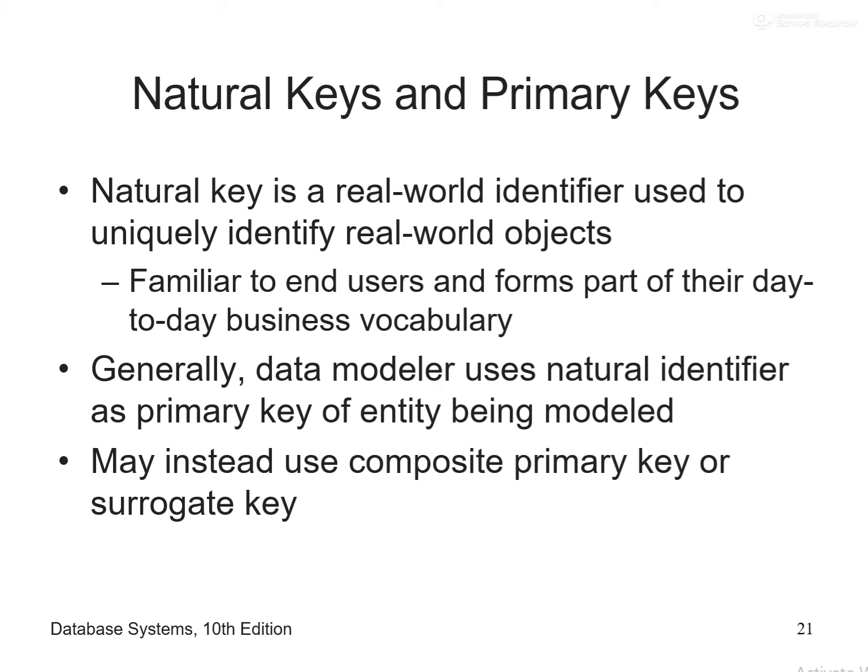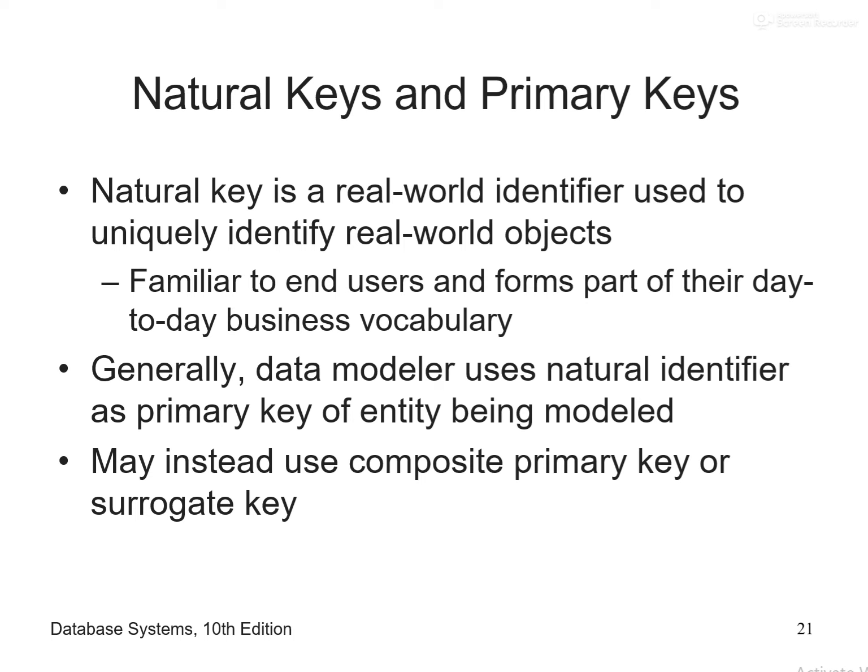These examples are examples of natural identifiers or keys. A natural key or natural identifier is a real-world or generally accepted identifier which you use every day, and it has the characteristic of uniquely identifying the real-world object.